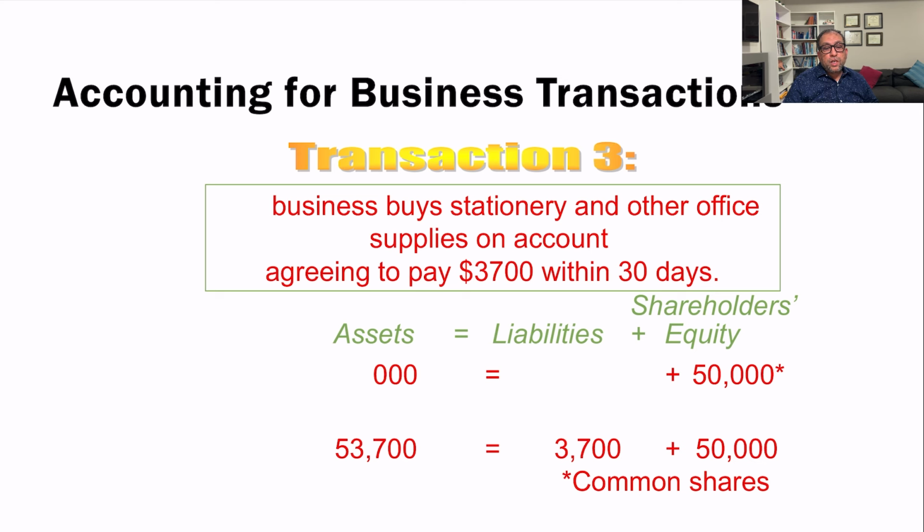Business buys stationery and other office supplies on account, agreeing to pay 3,500 within 30 days.